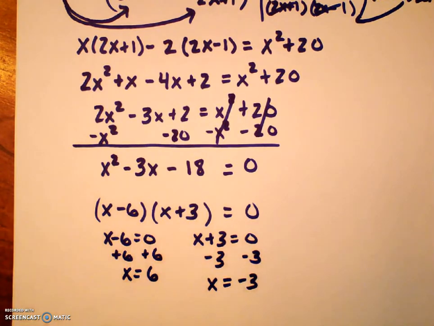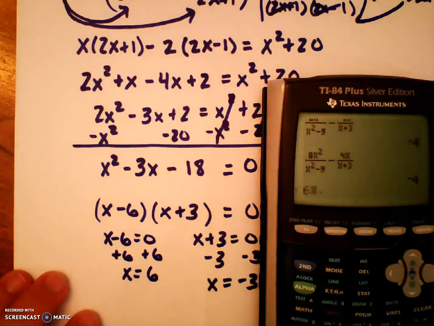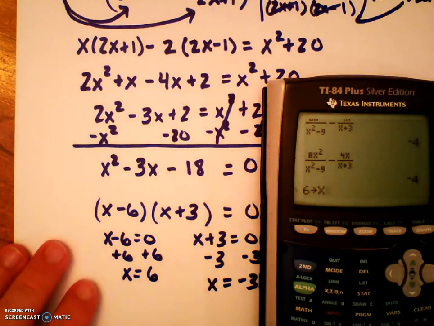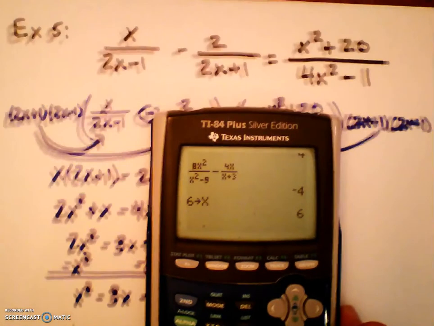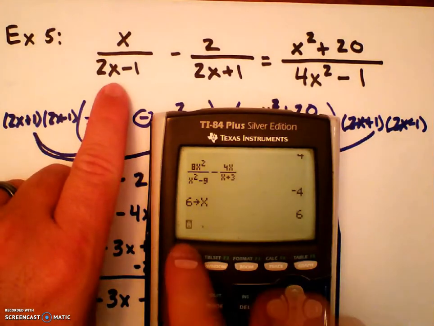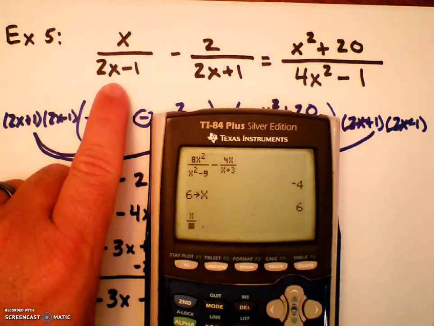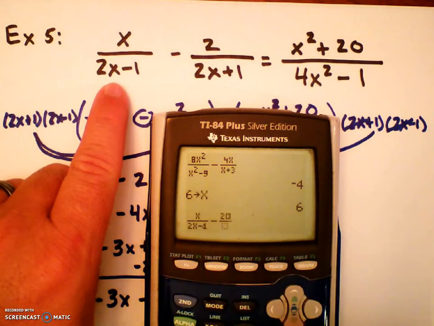And just like before, we want to double check and make sure that one of these is not extraneous. So I'm going to use my calculator to check my answers. So 6 store x. And I'm going to type in the original, which is the one up here. So alpha y equals enter x over 2x minus 1 minus, and then 2 over 2x plus 1.